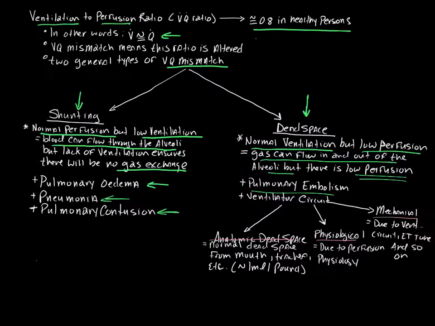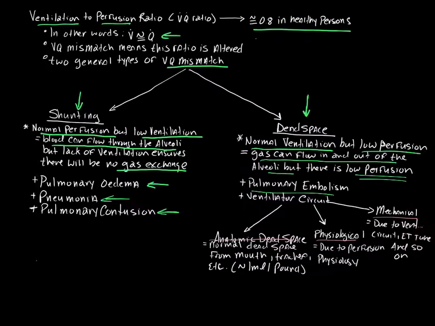You get a large pulmonary embolism that prevents perfusion through the lungs, but you can still ventilate the lungs, and that's why when you give people with significant pulmonary emboli oxygen, they don't necessarily improve. Why? Well, because there isn't perfusion through those well-oxygenated alveoli.